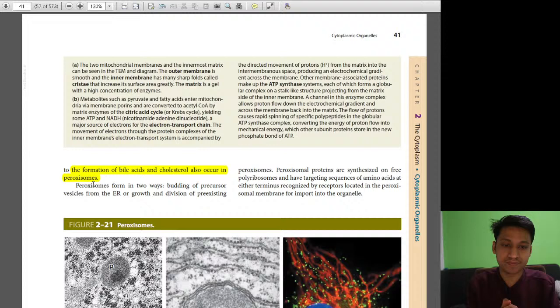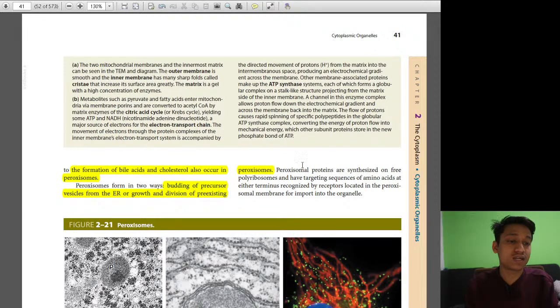Peroxisomes form in two ways: budding of precursor vesicles from the ER, or growth and division of pre-existing peroxisomes. So how are peroxisomes produced? Either from vesicles from the endoplasmic reticulum, or from pre-existing peroxisomes.